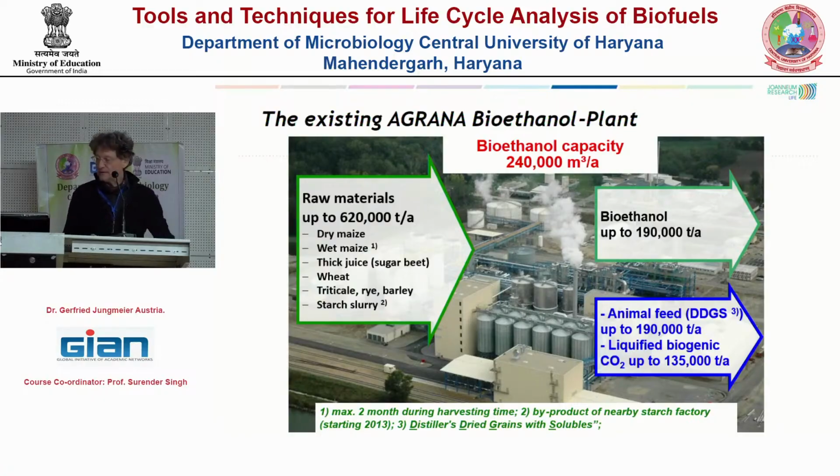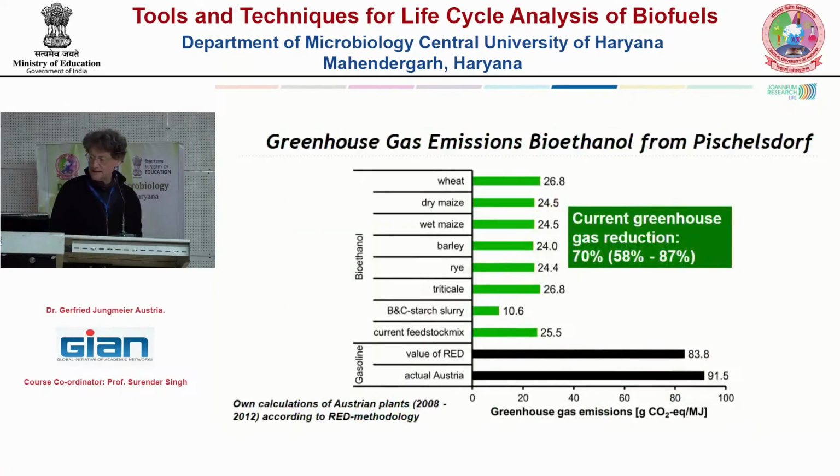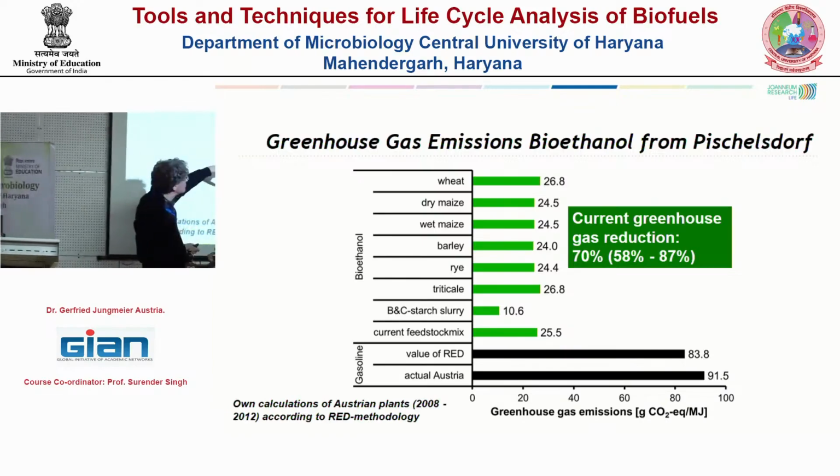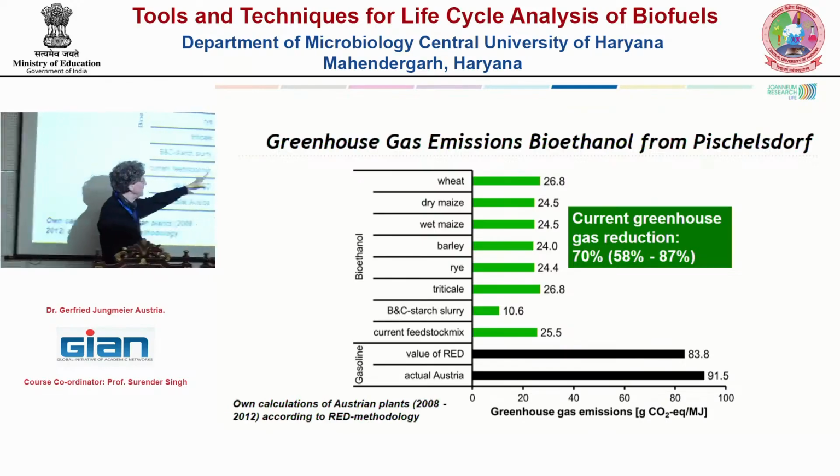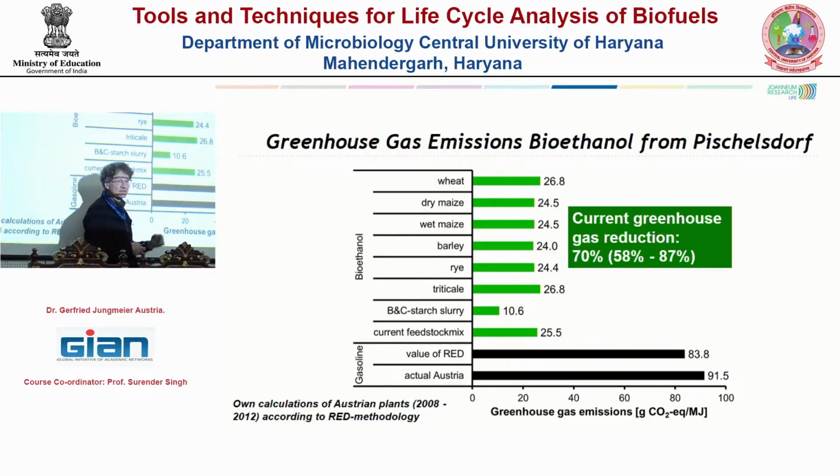And we calculated, at least we have only one bioethanol facility, and we calculated the greenhouse gas emissions in grams CO2 per megajoule, and you see the gasoline value is in the range of 90. So the value in the renewable energy directive is a little bit lower than the real Austrian value, but the green bars with the different feedstocks you see, they have significantly lower greenhouse gas emissions.